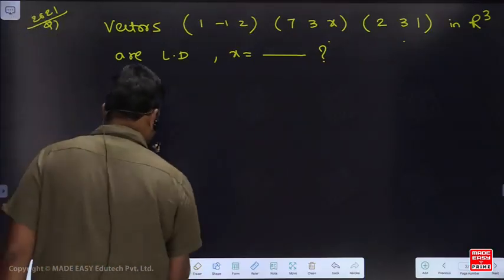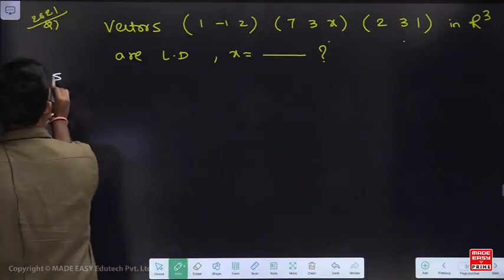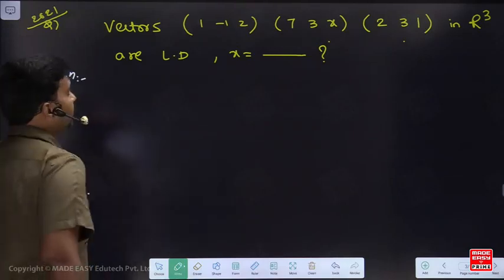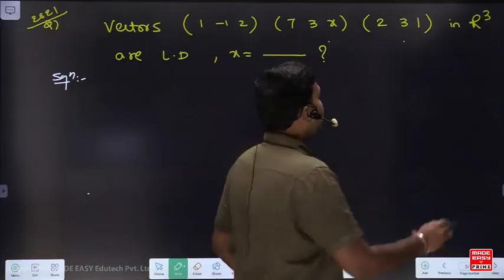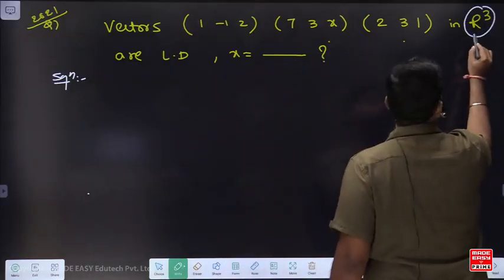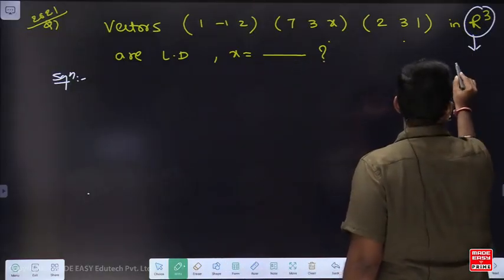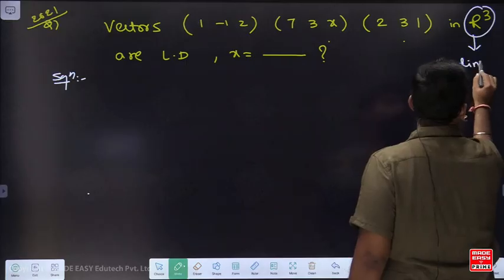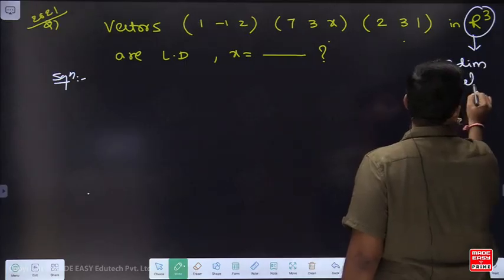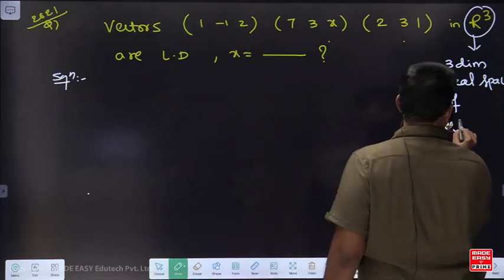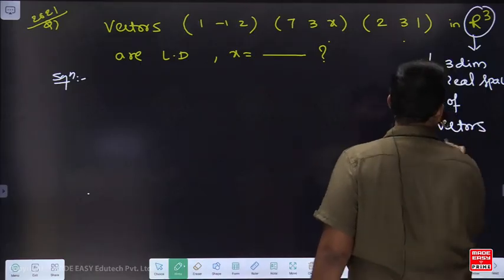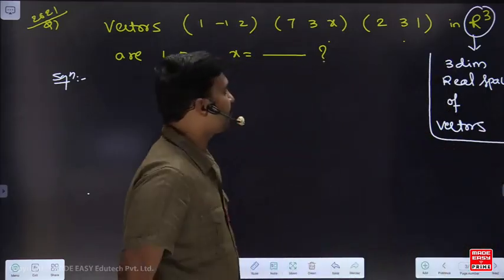So there are 3 vectors given in R cube. R cube means what? Some people have doubts with this R cube. R cube means it's a 3-dimensional real space of vectors.